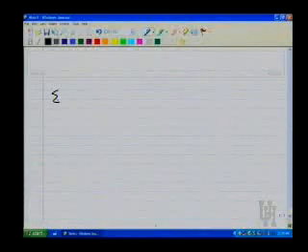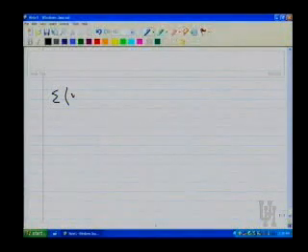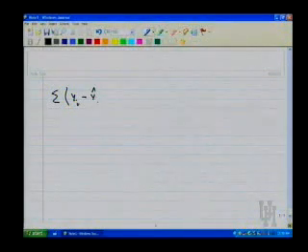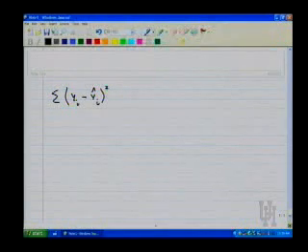That is, to minimize the sum of yi, the actual y-scores, minus y hat i, the predicted y-scores, squared. This is the least squares criterion.